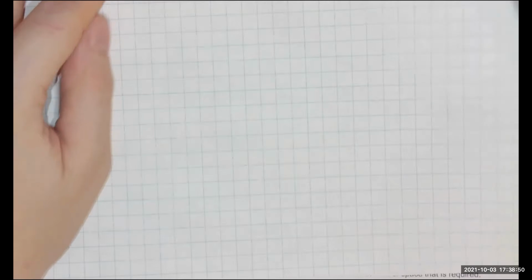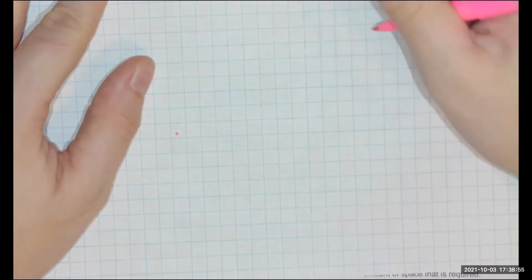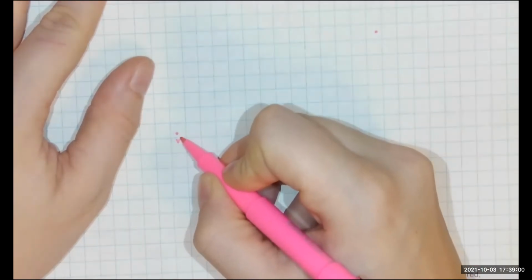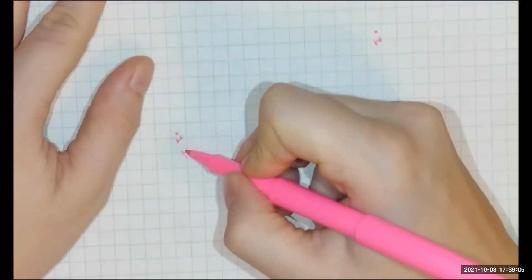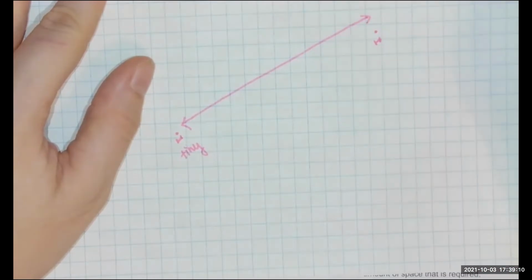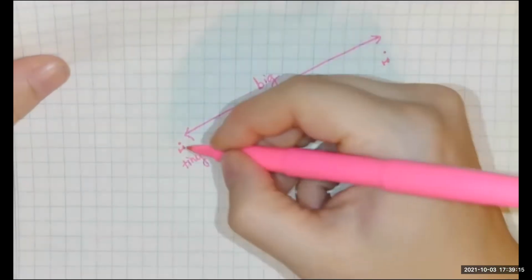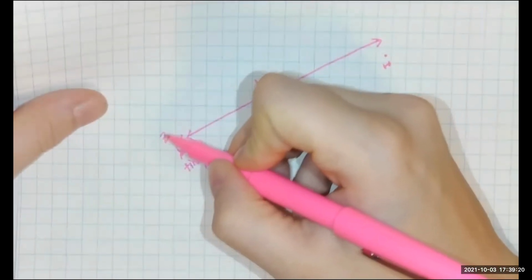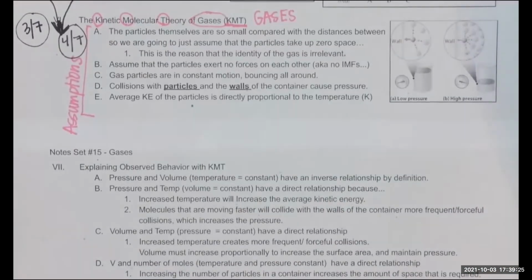So it would be like, if this was a gas particle, and here was another one way over here, the size that they actually are is so tiny compared to the massive amount of space between them that we're not actually worried with the size. And we're just going to say that they are just zero. They're just points. That's the first assumption.